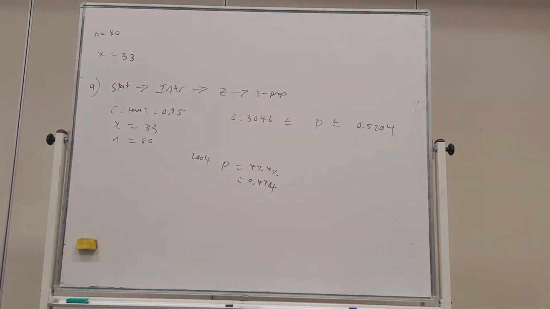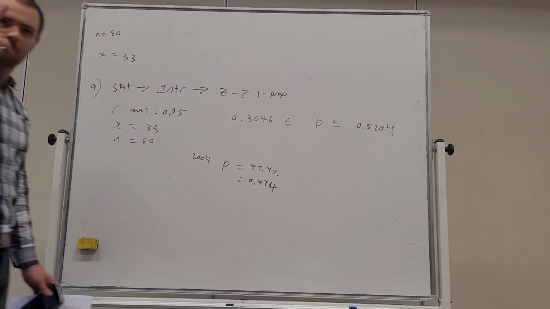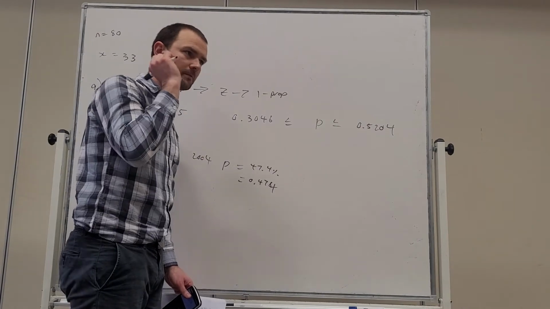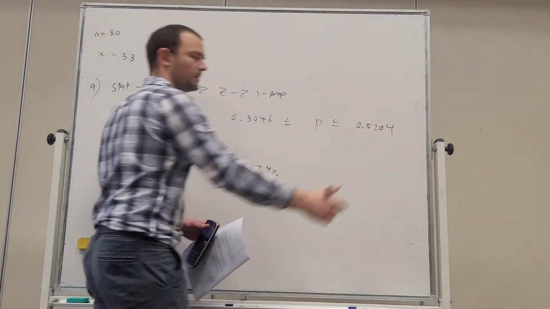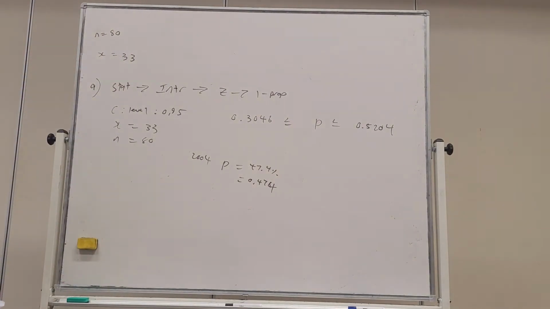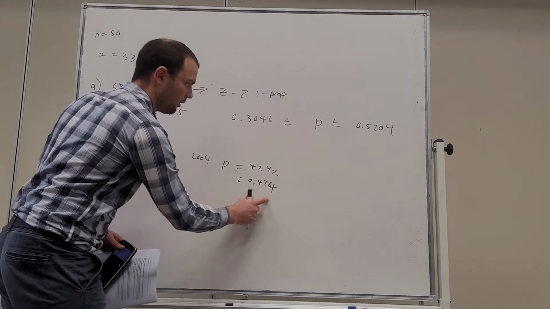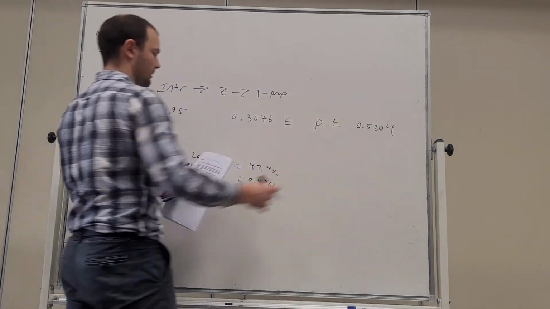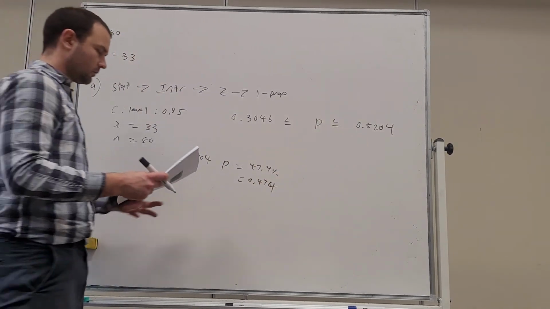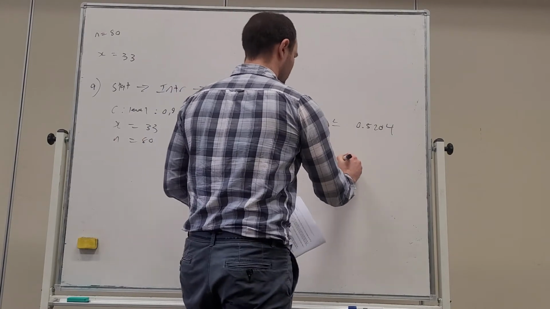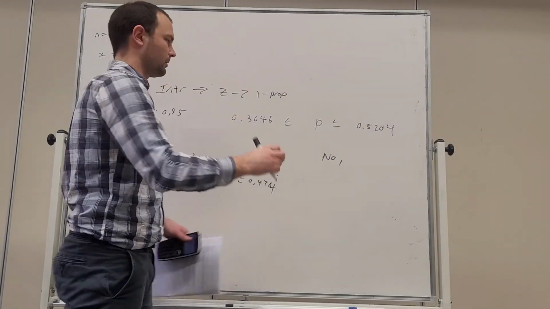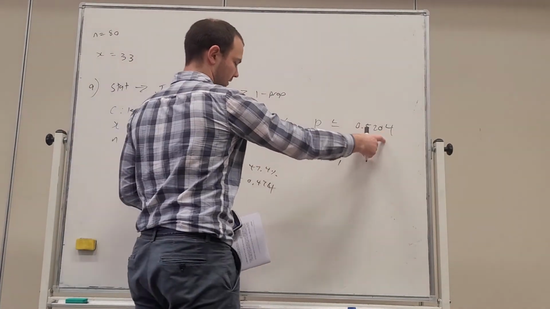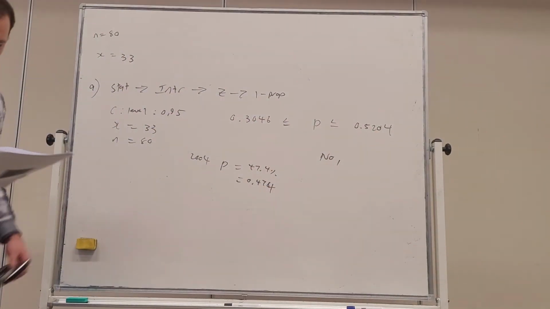Our confidence interval suggests we are 95% confident the true proportion of South Australia voters is somewhere between 30% and 52%. Do we have enough evidence to say it's changed? No. Because this falls within the confidence interval. So let's answer the question. No, because we are 95% confident that the true population proportion is between these numbers, 47% falls in.